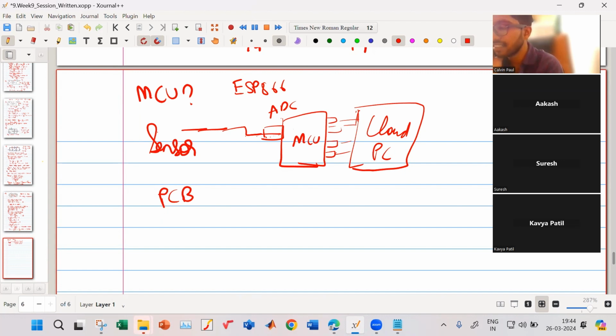Robot motor circuit and all is very complicated, no? You'll have to have these motors and control the wheels, position sensors. Those things are there. So which part are you doing then?